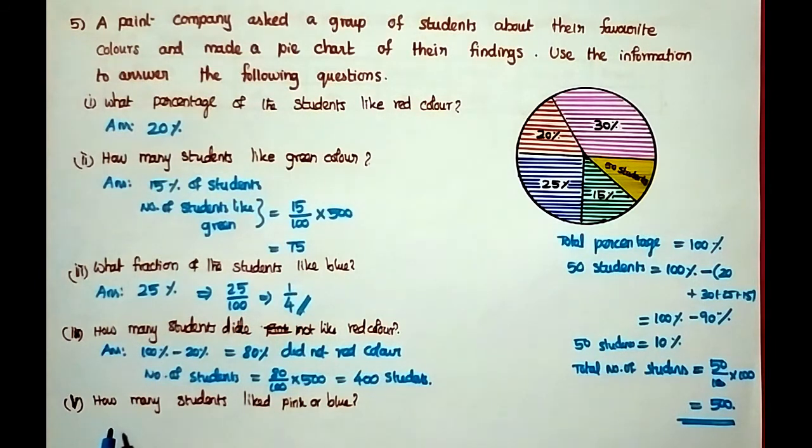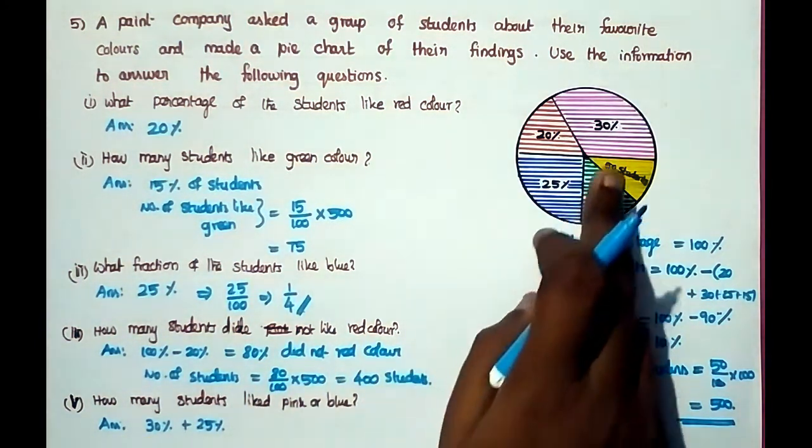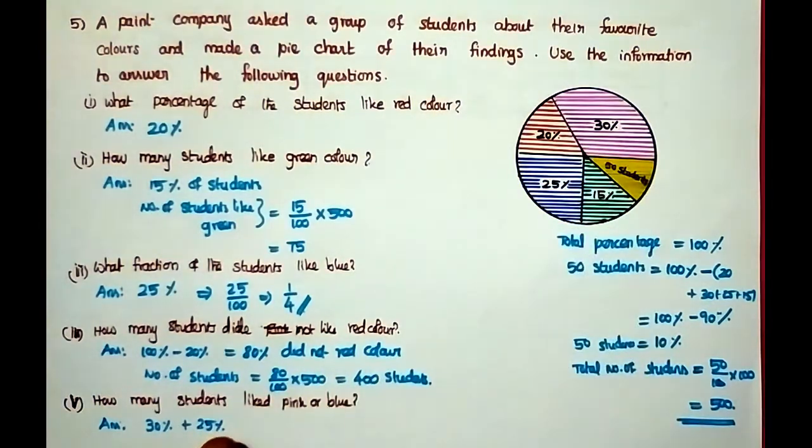Fifth sum, how many students like pink or blue? Answer: 30% plus 25%. 30% like pink color and 25% like blue color. So totally 55%.